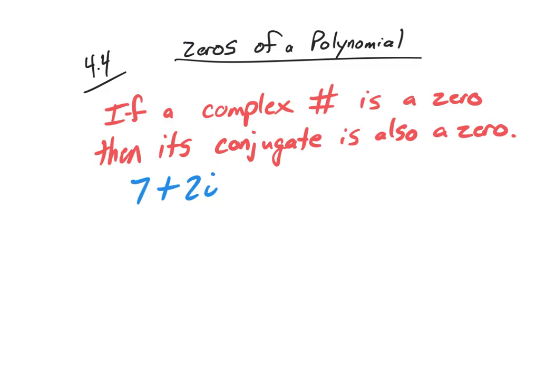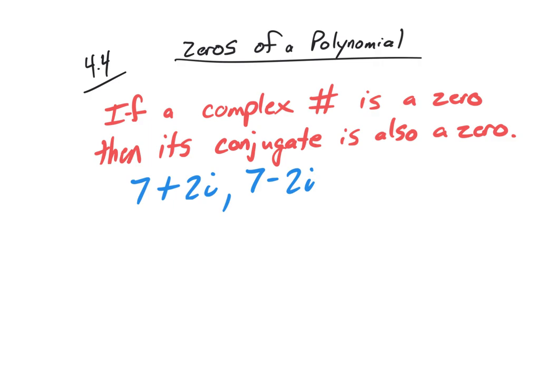Okay. So we call it a complex number because when it's just 2i all by itself, that's an imaginary number. But when we add the real part to it, the real part with the imaginary part makes it a complex number. So if I said 7 plus 2i is a 0, then 7 minus 2i would also be a 0.